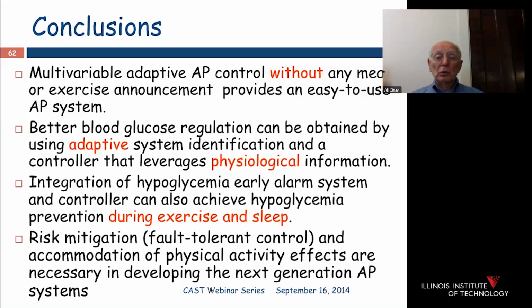And integration of hypoglycemia early alarm system and controller can achieve hypoglycemia prevention during exercise and sleep, and risk mitigation, and ultimately fault-tolerant control and accommodation of physical activity effects are necessary in developing the next generation of AP systems, especially when these systems will become candidates for public use by a large number of people that would be interested in the more advanced technologies.